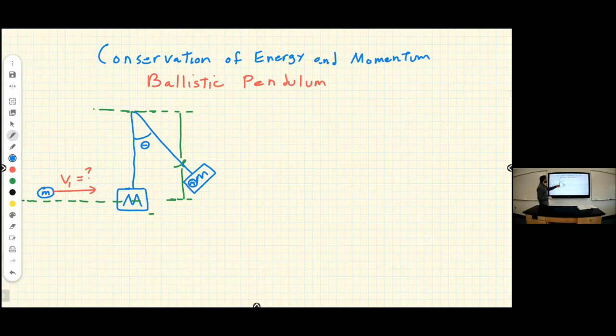So if we're able to measure that angle and we know the mass of both objects, we should be able to use that angle to figure out what was the original velocity of the projectile to begin with.